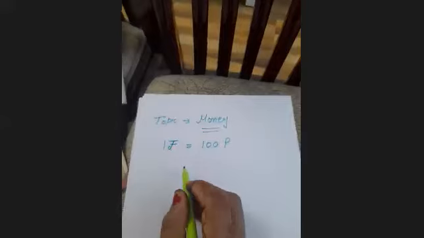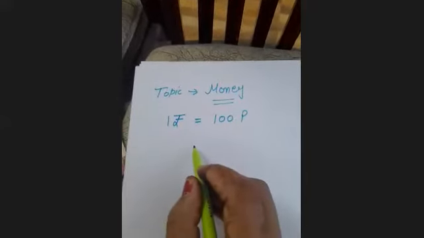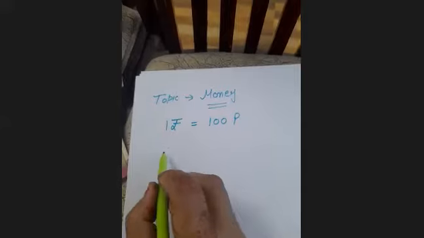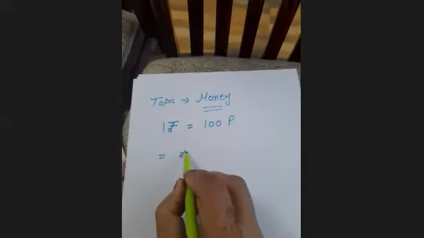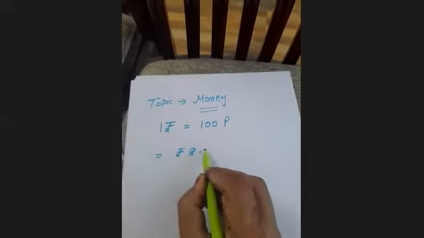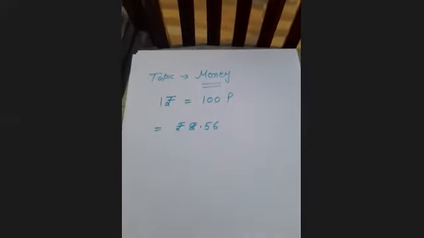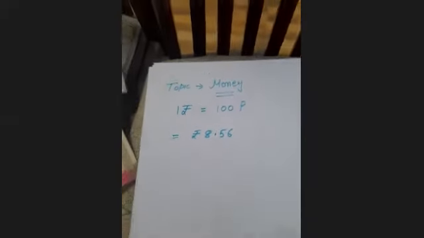So exercise 66, your first question is convert the amount into paise. Your first example is rupees 8 and 56 paise. Now convert this amount into paise.